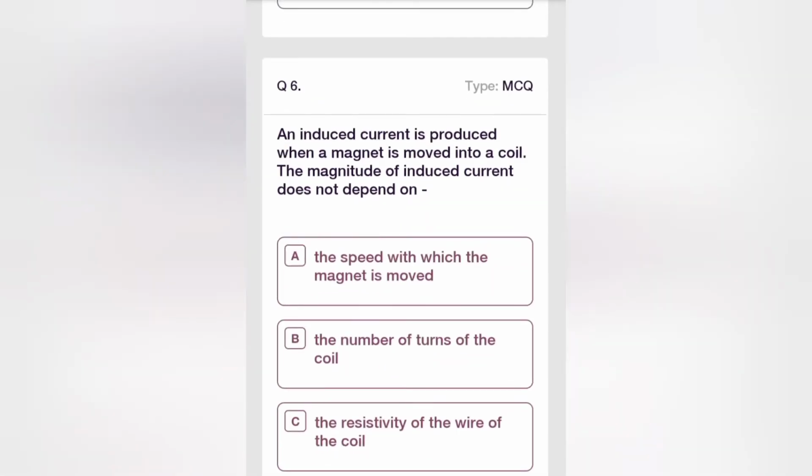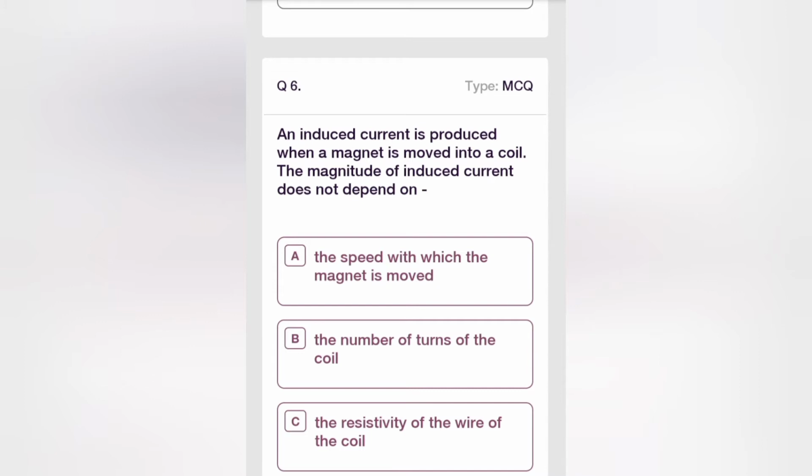An induced current is produced when a magnet is moved into a coil. The magnitude of induced current does not depend on. See, when we move a magnet into the coil, induced current will be produced. And this will not depend on what all the factors. Let us see. Speed with which the magnet is moved.